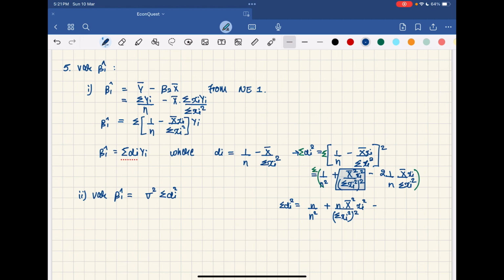Minus 2 by n times x bar times summation of xi. But we have something we can sum in the last term.